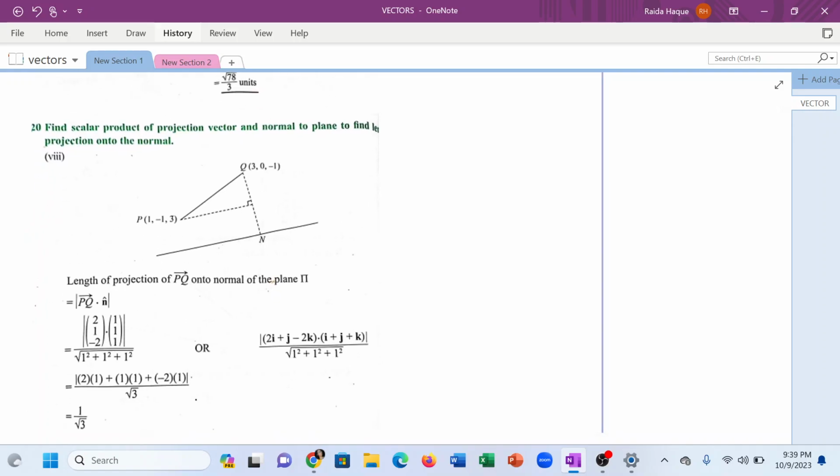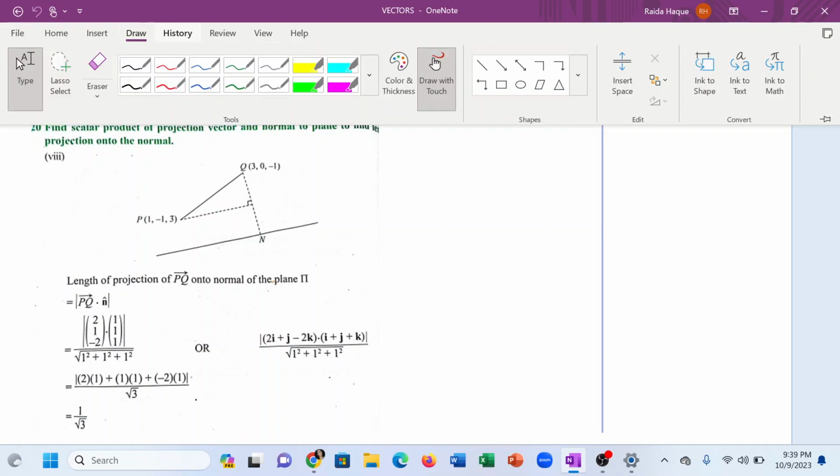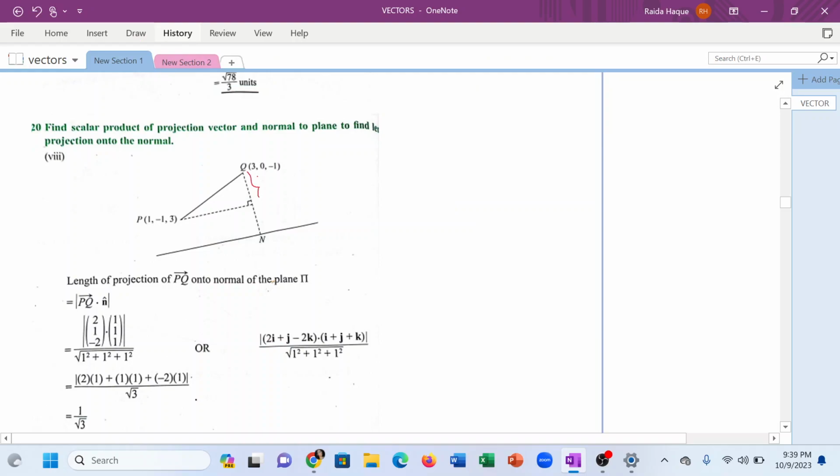Now, if we have to find the projection onto the normal of a plane, we are looking for this part over here, right? So how do we find that? As we said, in a triangle, the trick that I use: this is PQ and this is opposite to PQ, right?